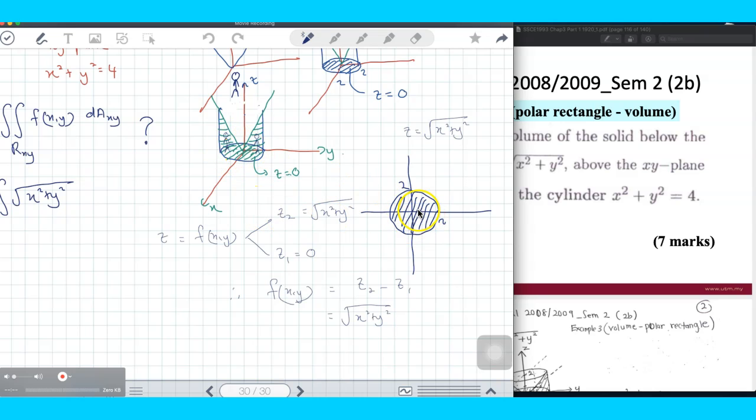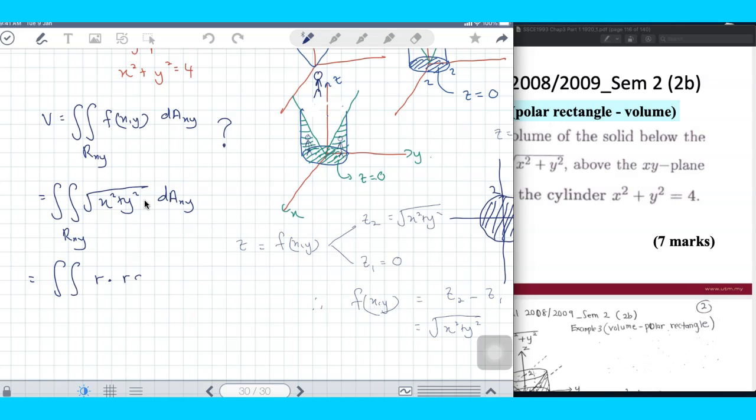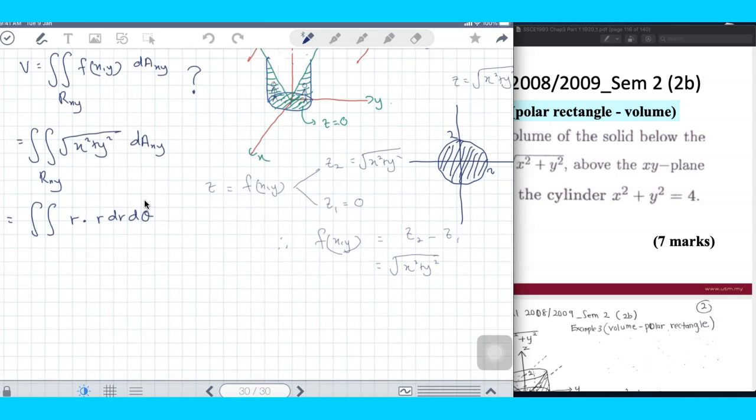Since the region that we have is a circle, we want to solve this using polar. So you have to convert everything to polar. Now your integrand becomes just r, and then dA is r dr d theta.